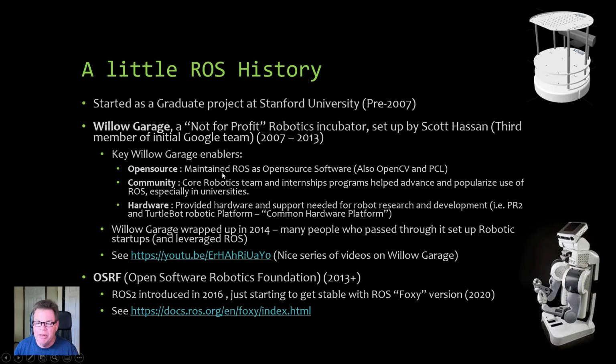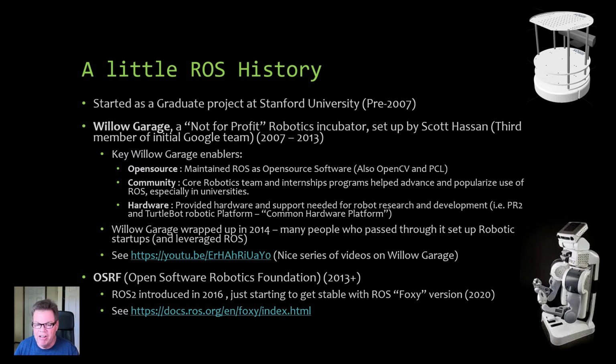Some of the key enablers that were put in place that allowed Willow Garage to be a success were to base robot development on open source software, and picking up ROS, again because it came out of Stanford University, as the thing that was open sourced.